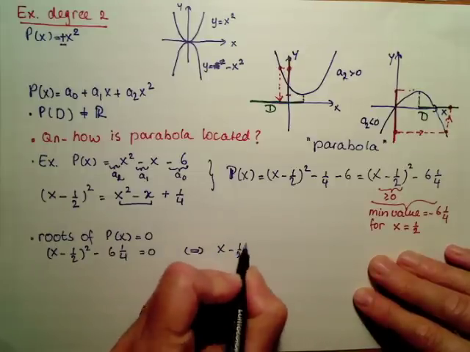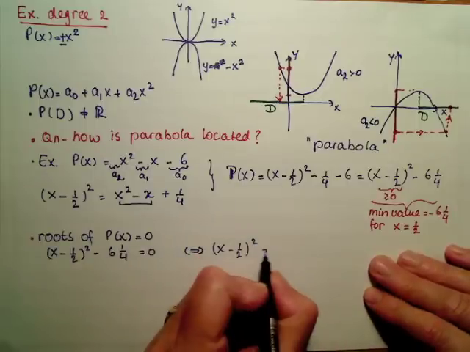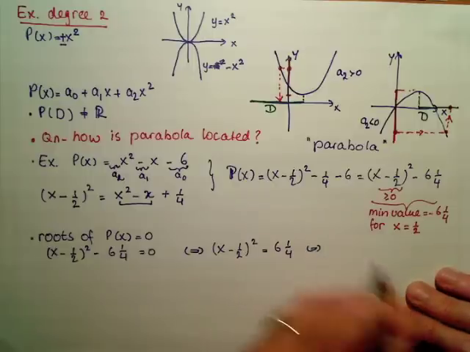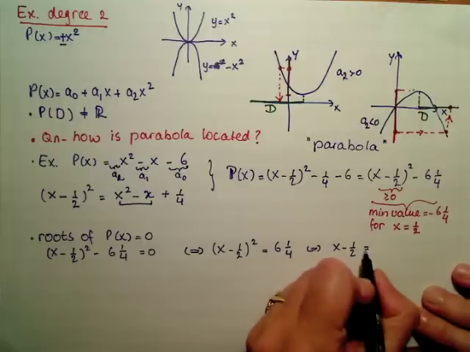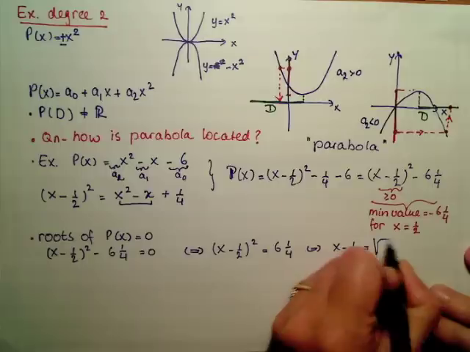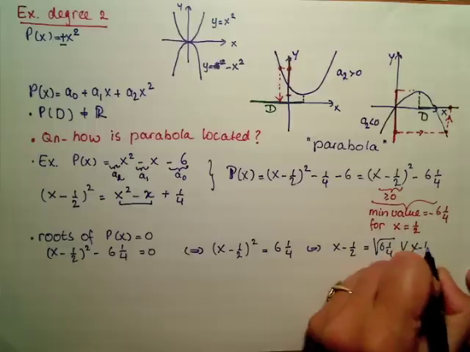So this equation equals 0 when the square is equal to 6 1/4. And so what we have is that the term that we squared has to be equal to either the square root of 6 1/4 or minus it.